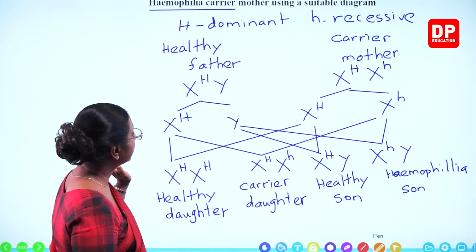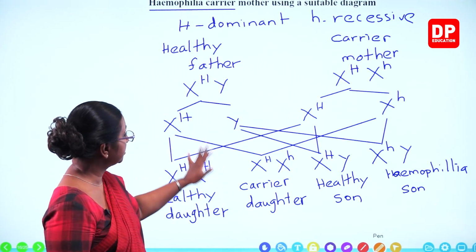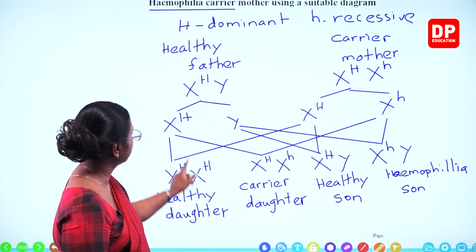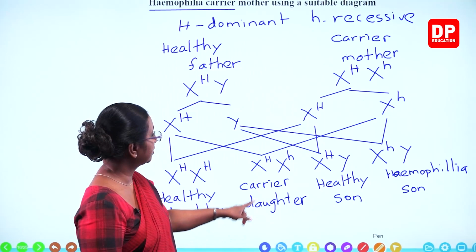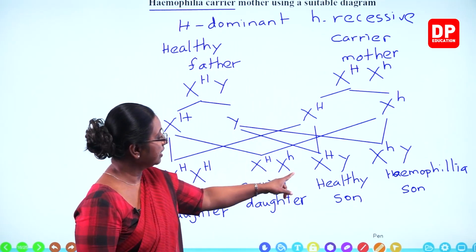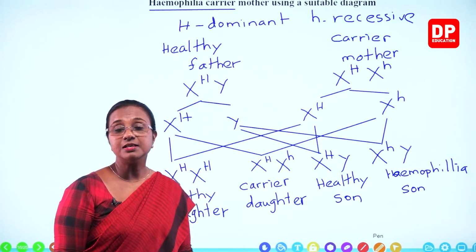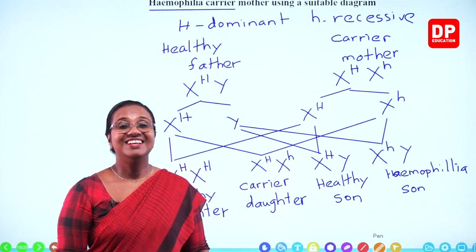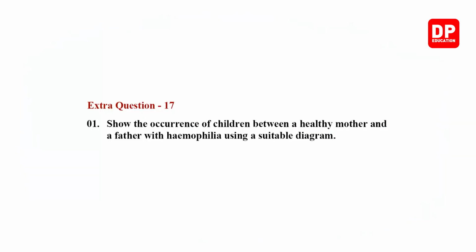Then you need to write the gametes, sperms and eggs and the combination. Capital H, so healthy daughter. Then capital H, simple H, carrier daughter. Capital H and Y, healthy son. Simple H and Y, hemophilia son. I'm sure you all can understand that. So with that, students, we'll move on to the next question.